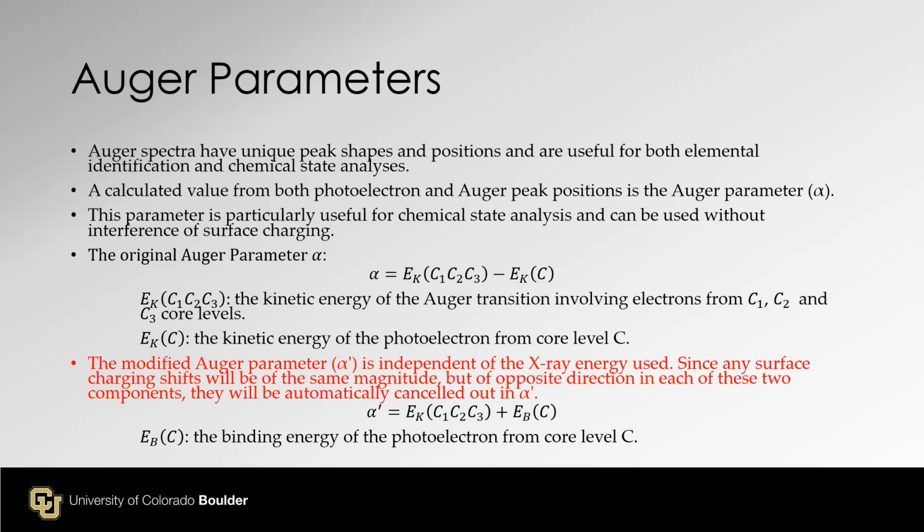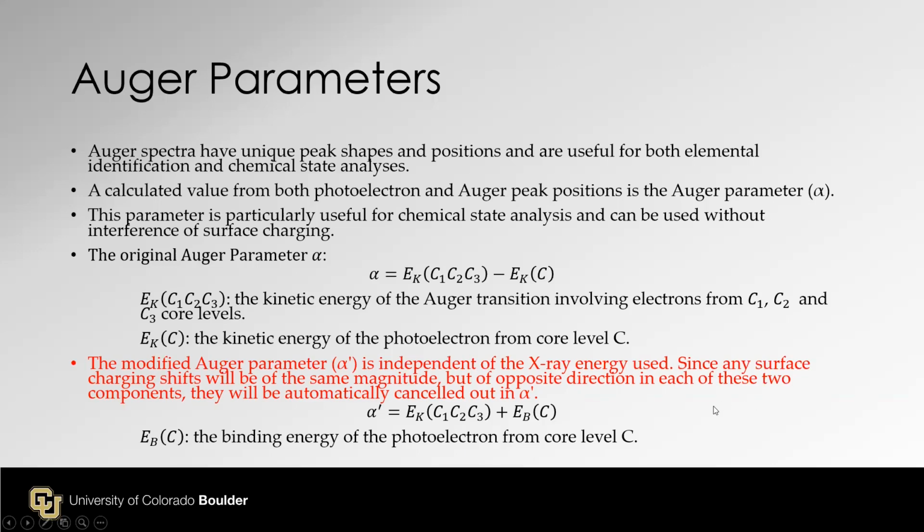But for a more complicated system like transition metals, if you want to know whether this is nickel oxide versus carbonate or something, then it may be useful to use the photoelectron energy together with the Auger parameter, because the modified Auger parameter is independent of the X-ray energy used.